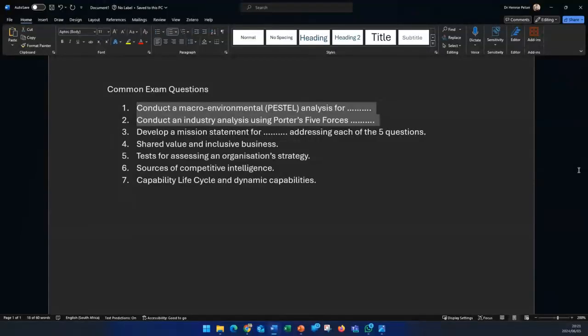Three approaches for developing a vision. Who knows why they would ask that? It is completely irrelevant. It is something that no one cares about in the real world. We were told they were going to make this more relevant and topical.